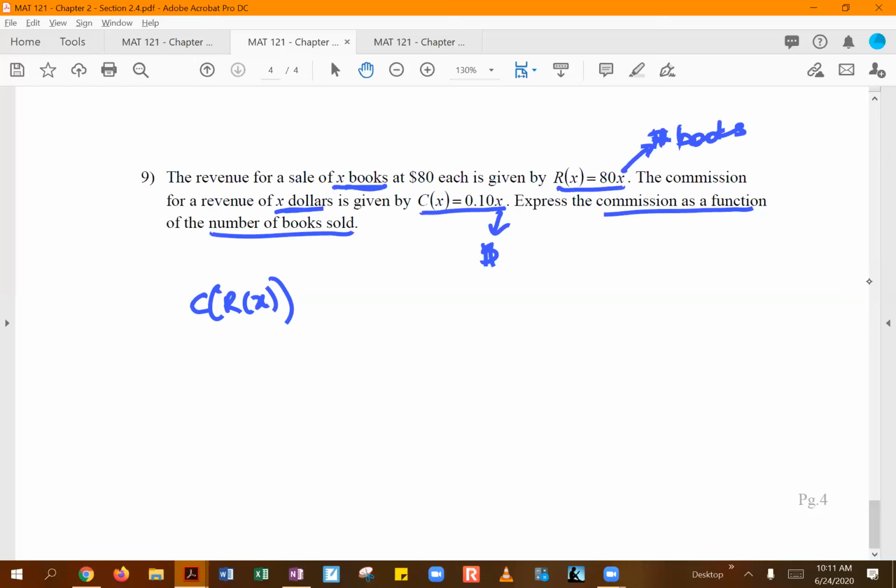Plug 80x into the C function. So that means you would have the C function, which is 10% of whatever the revenue is, but instead of X, you are going to replace it with 80x. Because that's how the composition is going to happen. So what will that end up giving us?